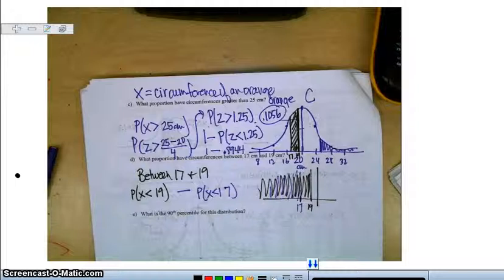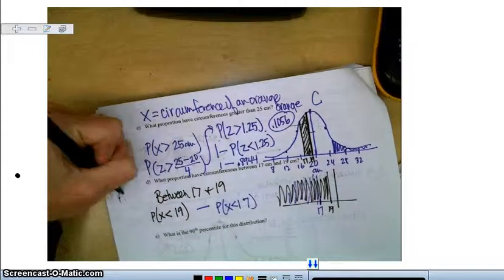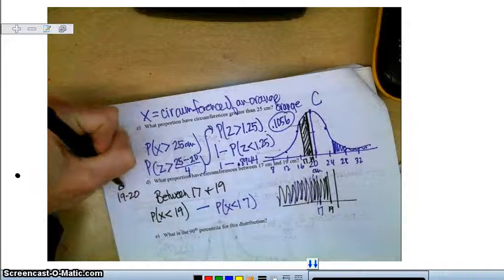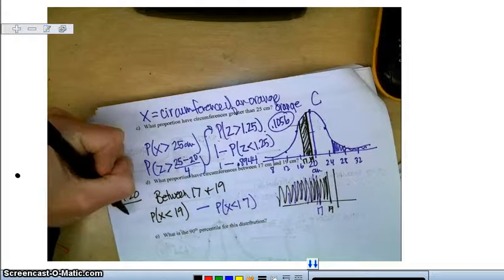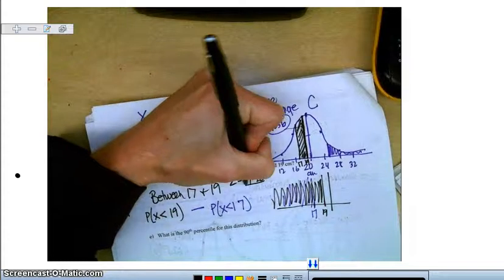Okay, so now I need to find the z-scores for each of these. The z-score for 19 is 19 minus 20 divided by 4, and the z-score for 17 is 17 minus 20 divided by 4.